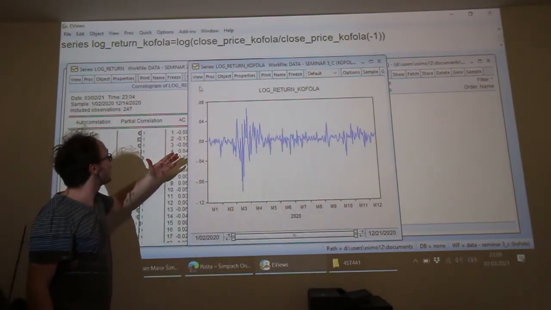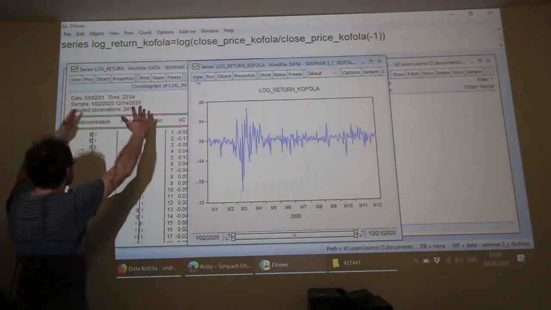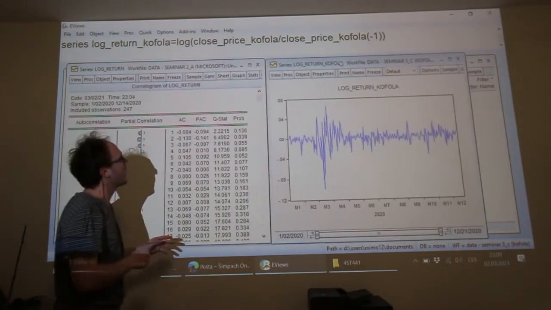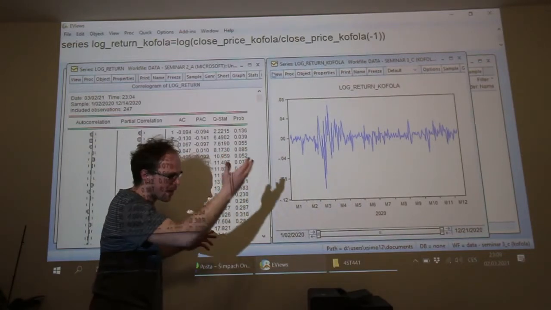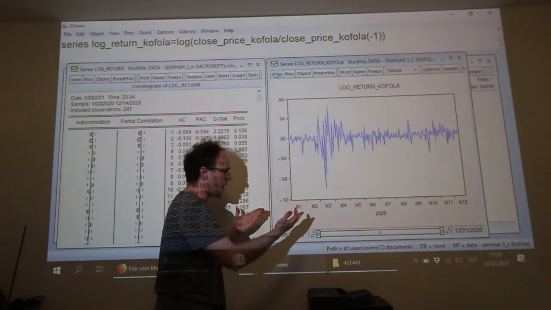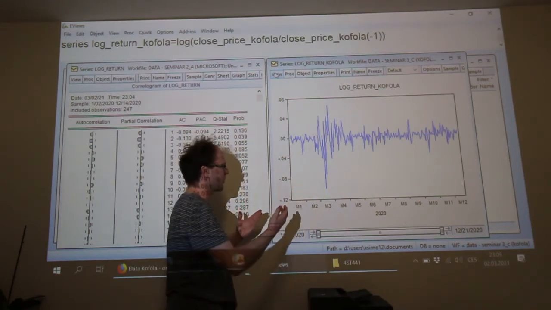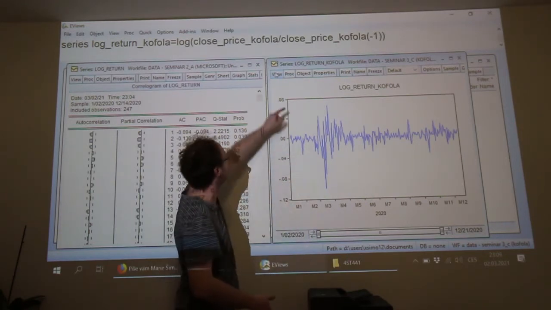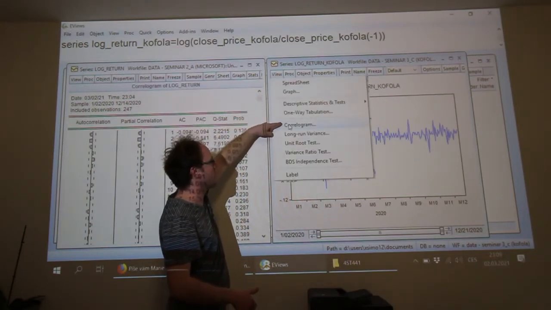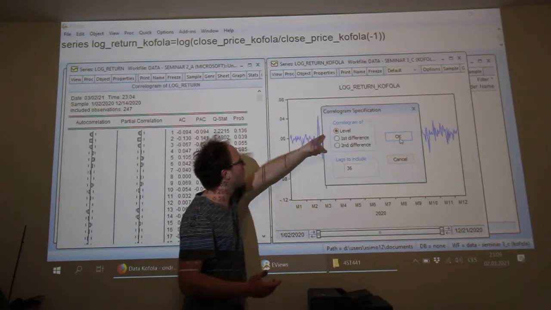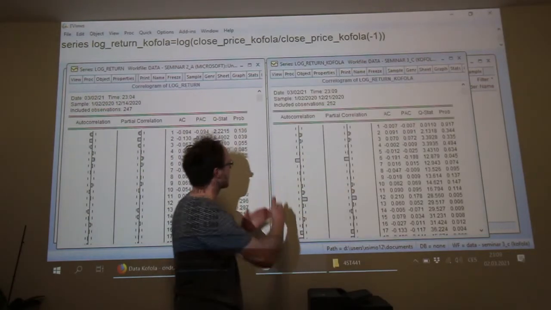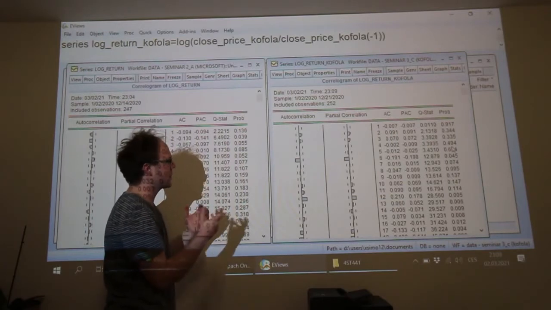So, as in the previous case of Microsoft company, we can estimate the correlation coefficients, the autocorrelation function. We can click on View, Correlogram, and we will calculate the correlogram of level. So you have here the results.